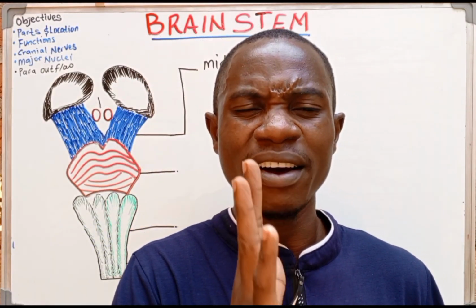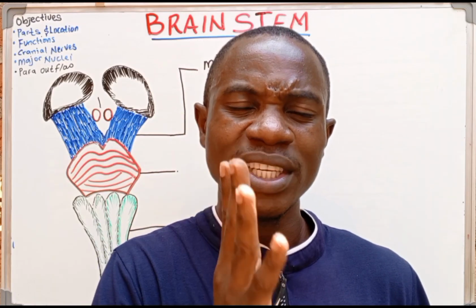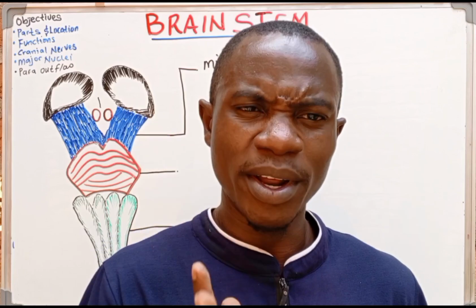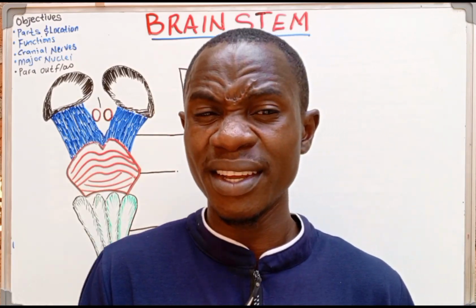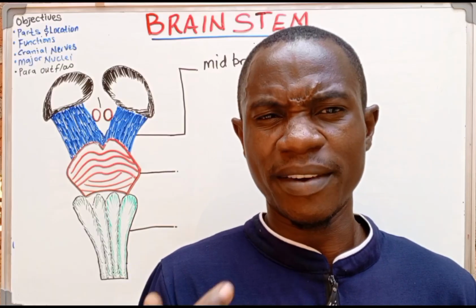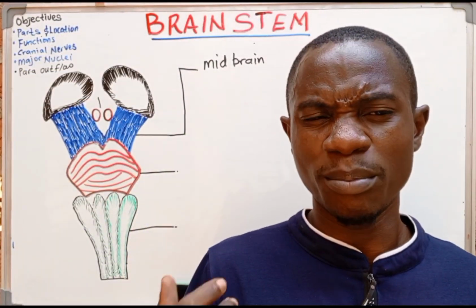10 cranial nerve nuclei. We only have 10 cranial nerve nuclei in the brainstem, but we have a total of 12 cranial nerves which are part of the peripheral nervous system. Not all of these cranial nerves come from the brainstem.